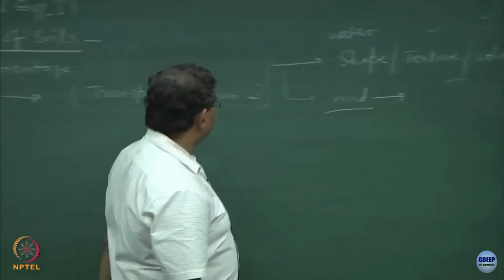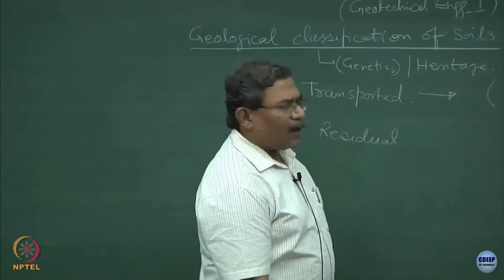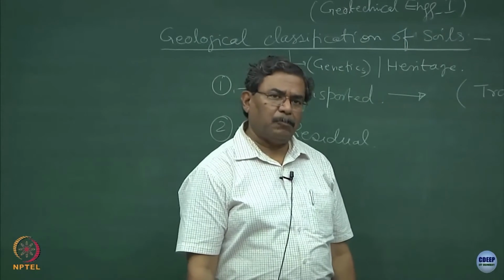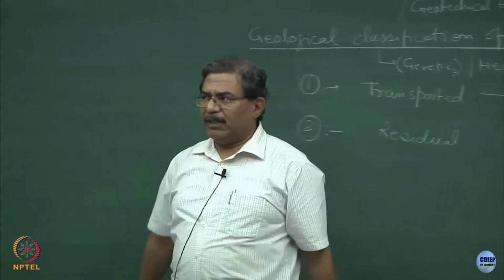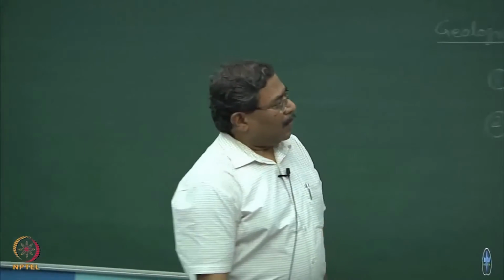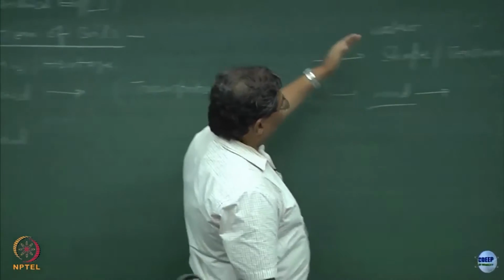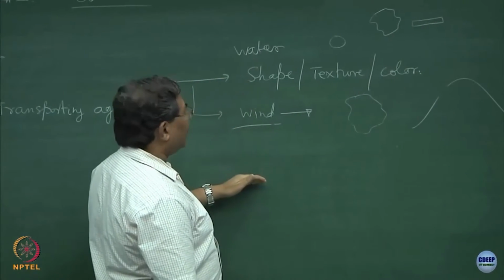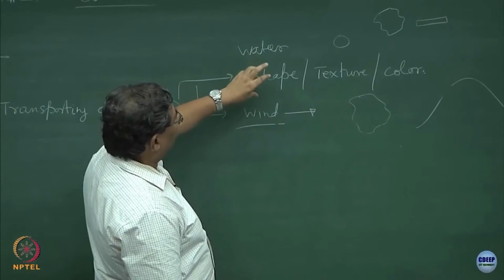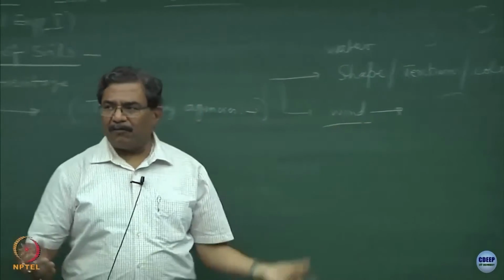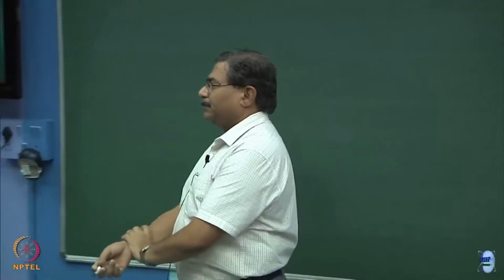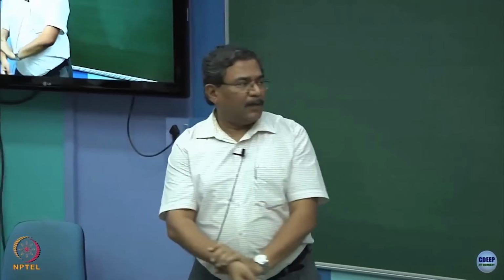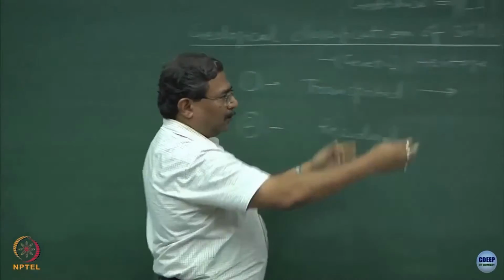How about the ice? We will talk about this very special category. Water, wind and gravity is again a sort of a combination of rock fall, but normally we do not consider gravity as a transporting agency. And then man made, what we were talking about.